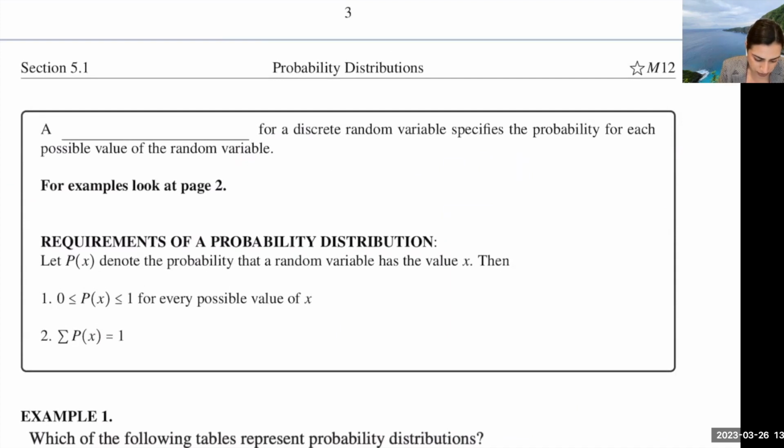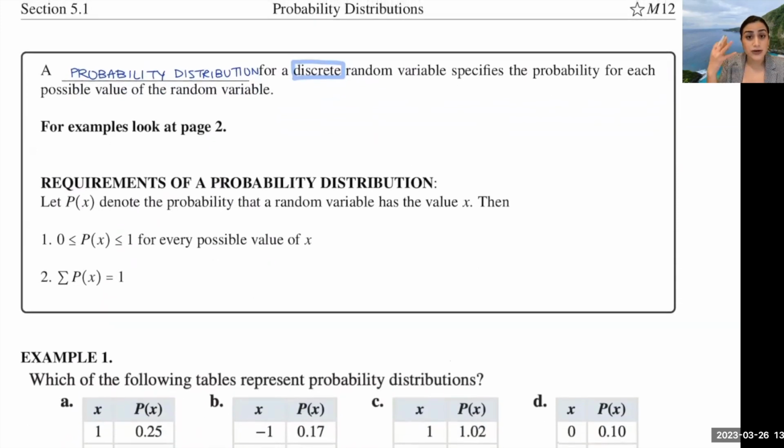A probability distribution for a discrete random variable specifies the probability for each possible value of the random variable.